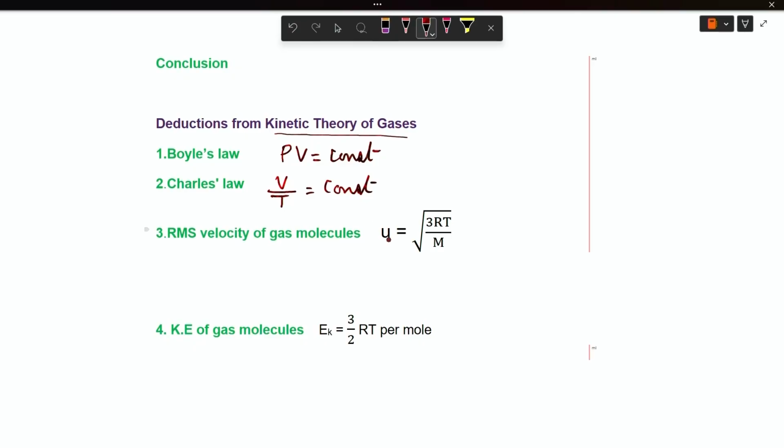Then again we have derived an equation for RMS velocity, which is root mean square velocity of a gas, u is equal to square root of 3 RT by m. It is an important equation, you have to learn it by heart. u is equal to square root of 3 RT by m. Then we derived an expression for kinetic energy of gas molecules, E k is equal to 3 by 2 RT, and that is for 1 mole. Thank you. That is all.